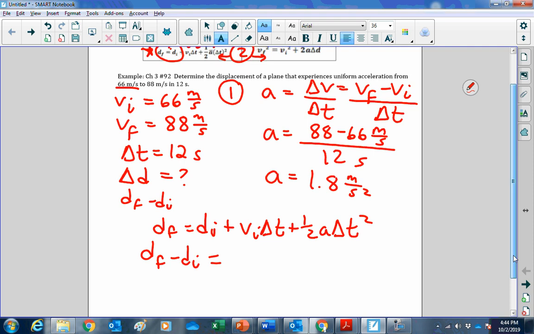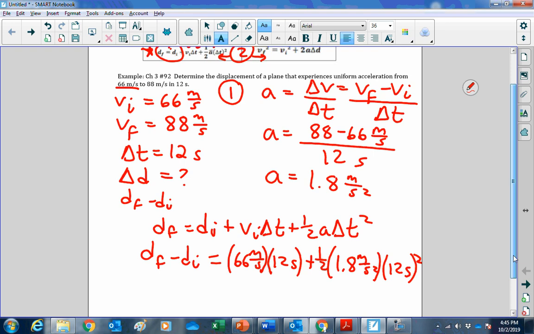And then I've got 66 times 12, and then 1/2 times 1.8 times 12 squared.